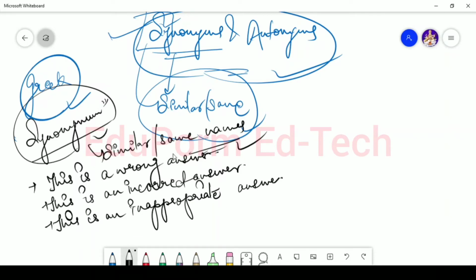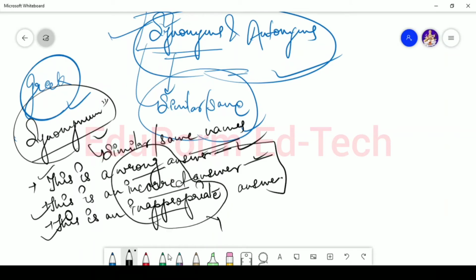In all those three sentences, I mean the same thing: that this is a wrong answer and you need to correct it. So wrong, incorrect and inappropriate are all synonyms. That means all of these three share the same meaning with each other.